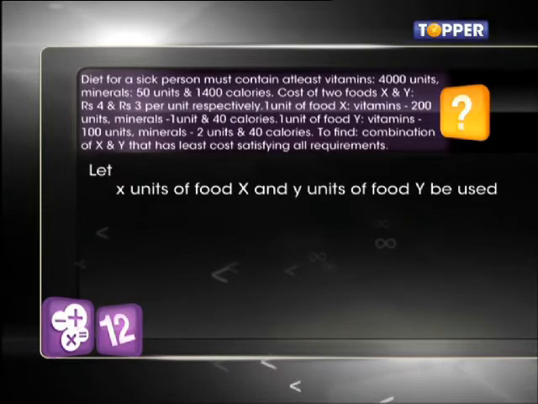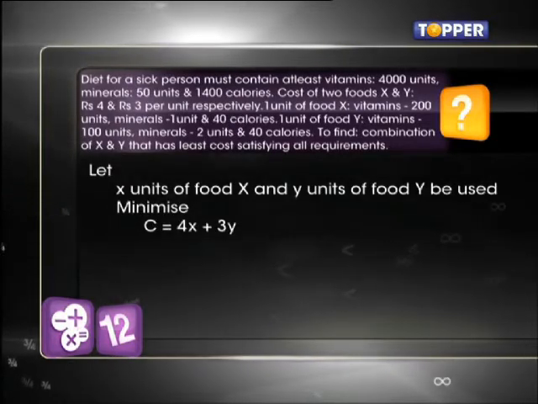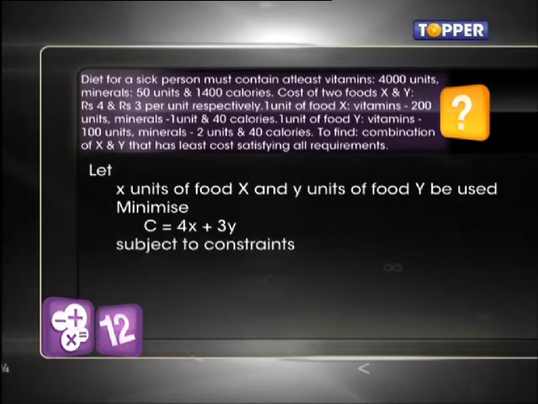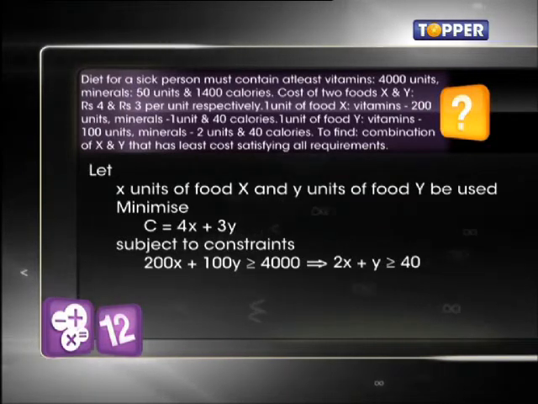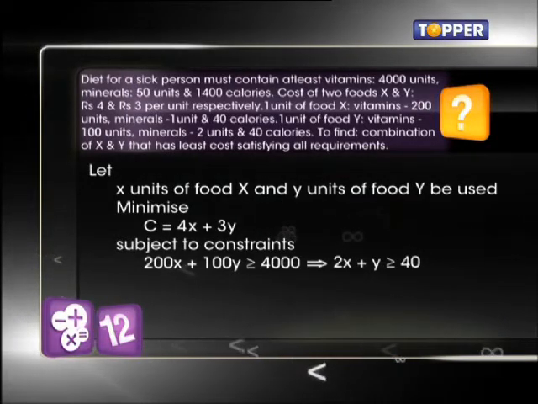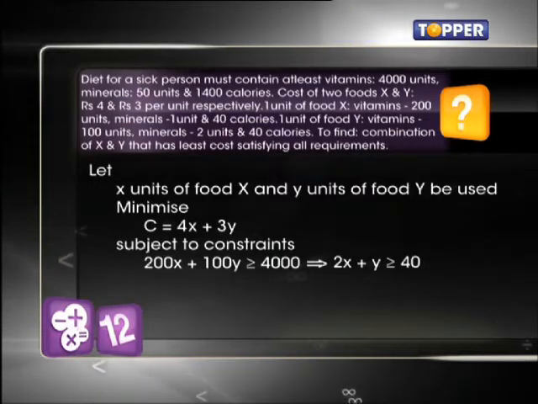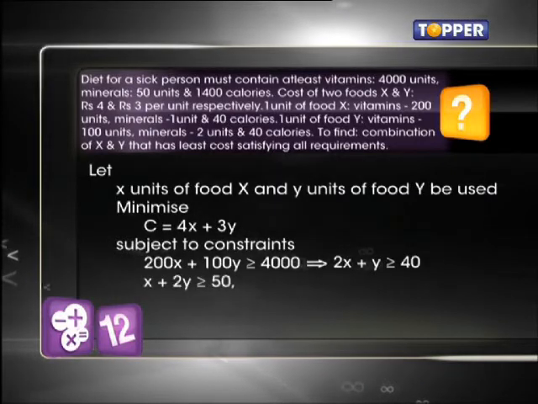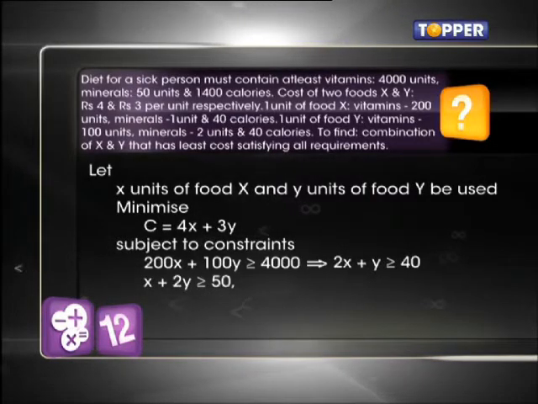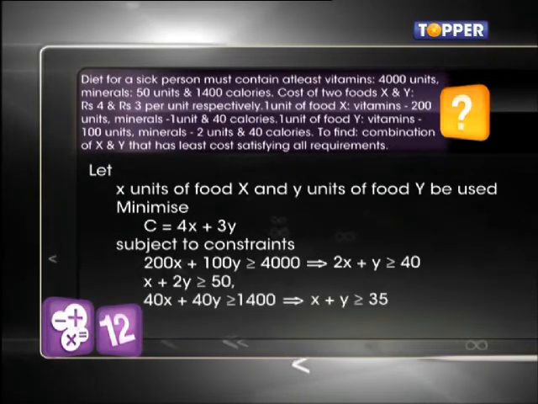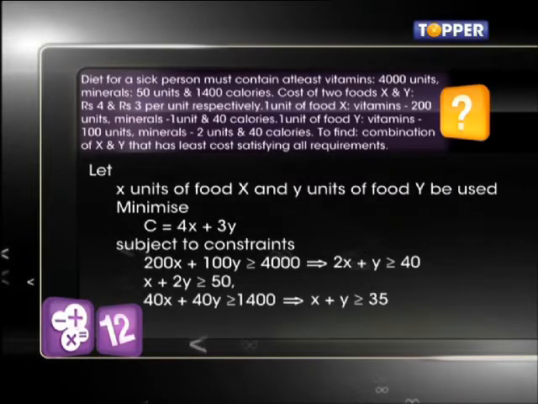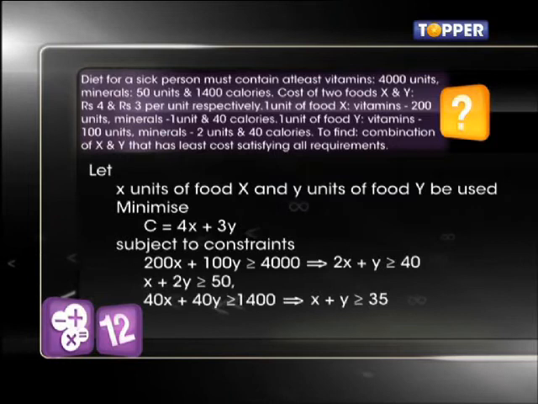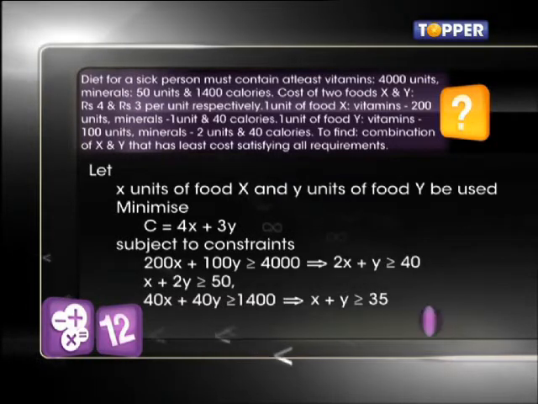Then our problem is to minimize C = 4x + 3y subject to constraints. 200x + 100y ≥ 4000, which implies 2x + y ≥ 40. x + 2y ≥ 50. 40x + 40y ≥ 1400, which implies that x + y ≥ 35.